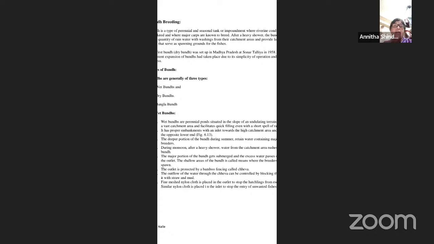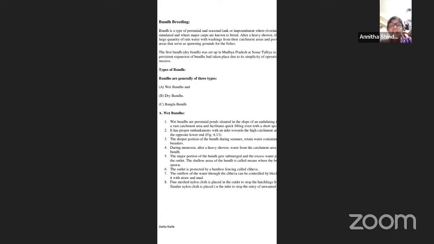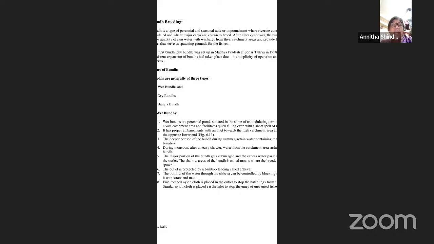So what is the main role of the wet bund? It will quickly fill even with a short spell of rain. The other thing is it has proper embankments with an inlet towards the high catchment area and an outlet at the opposite lower end. So when you are preparing a bund, you need to provide one inlet and one outlet, because through the inlet the water will come in, and if the water overflows, it can go through the outlet.